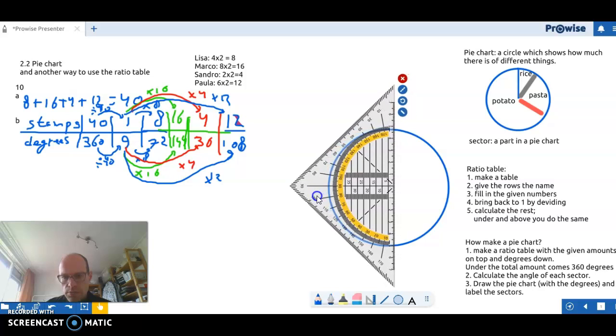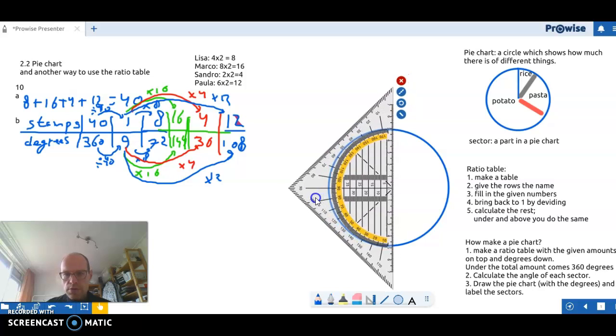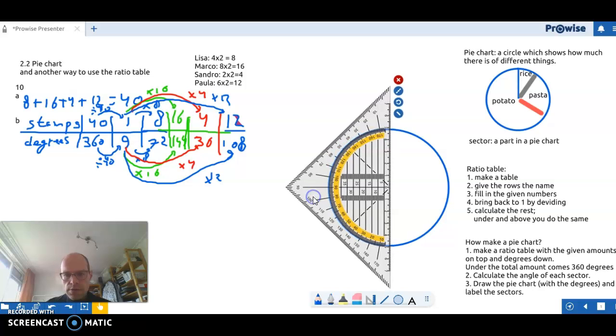It is pretty close to 5 centimeters. Okay, and there needed to be a dot in the middle, so I'm going to put a dot in the middle. There it is. And I need to draw the sectors of Lisa's.